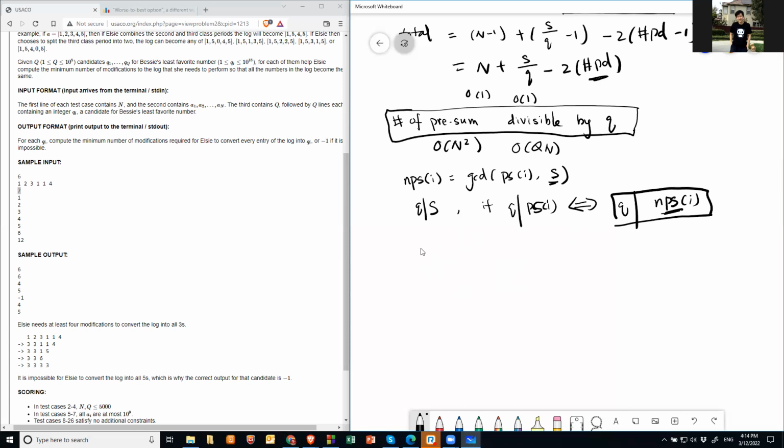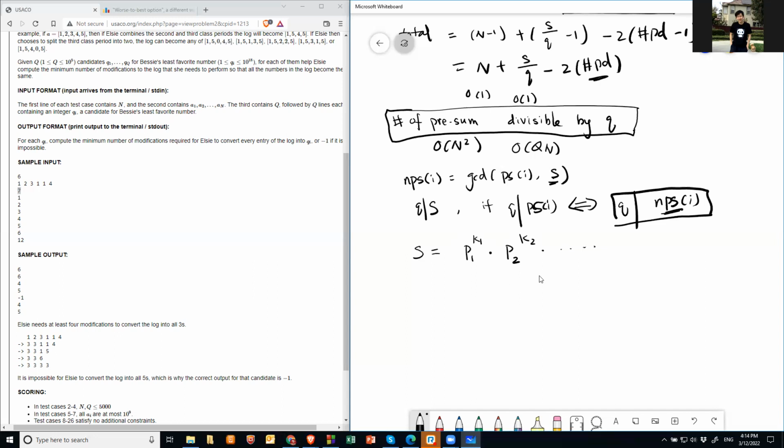Okay, so for S, I can write it as a bunch of prime numbers, right? So for example, prime number 1 to the power of K1, prime number 2 to the power of K2. We know how to do this, right?